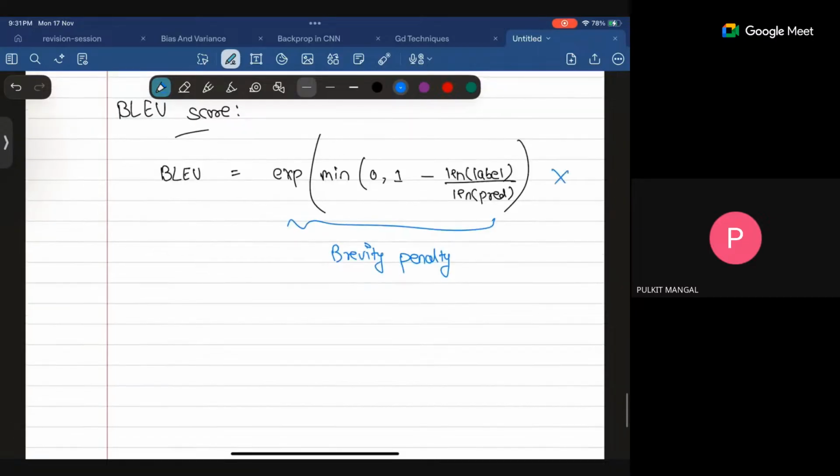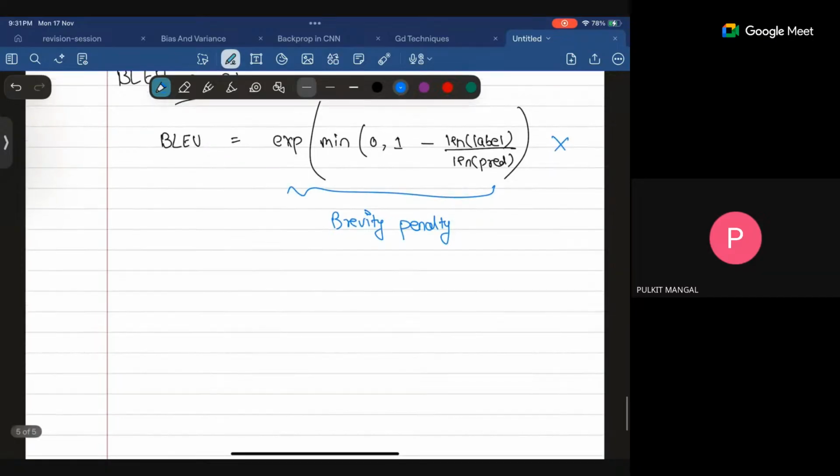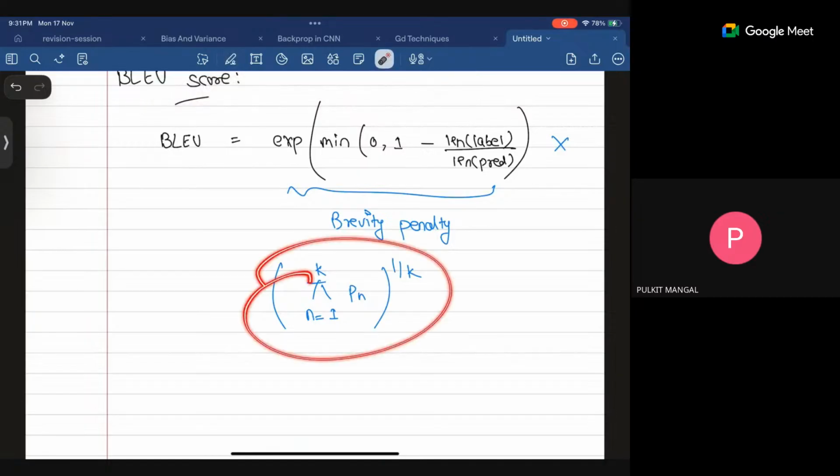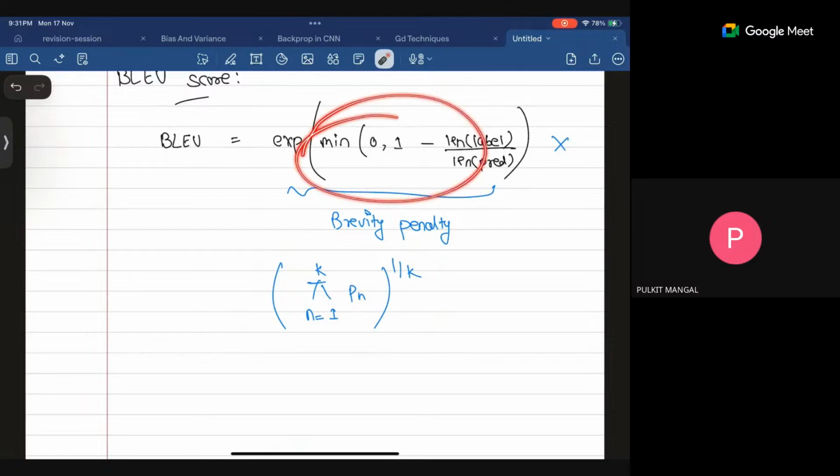Now this part will be multiplied with the n-gram precision, that is the product for n equal to 1 till k of Pn to the power 1 by k. So this second part is called the n-gram precision, and the first part is called the brevity penalty. You multiply both of them, and that will be your final BLEU score.